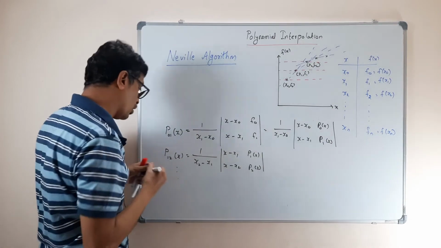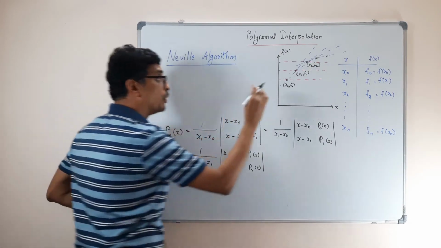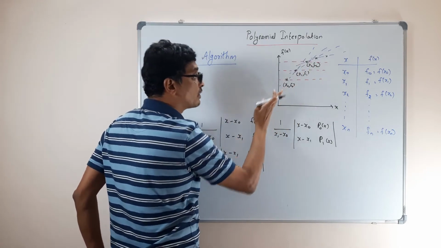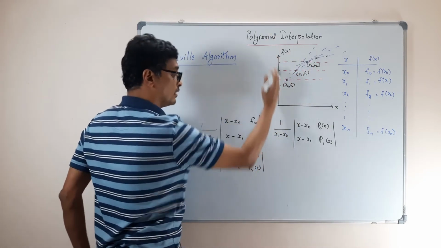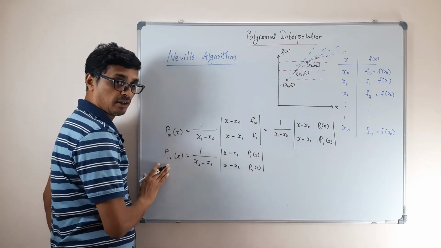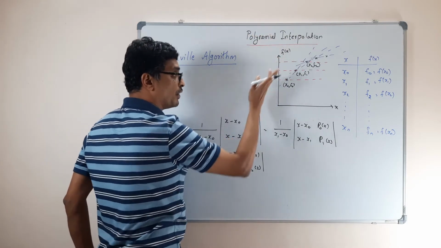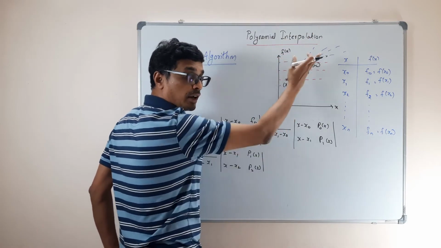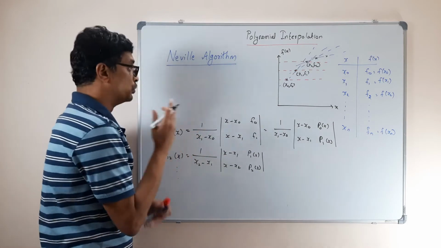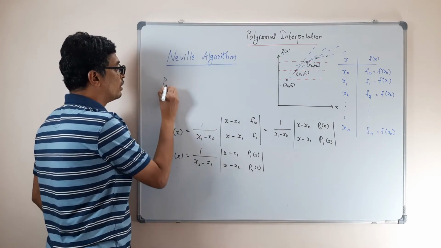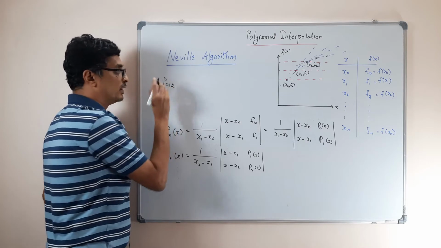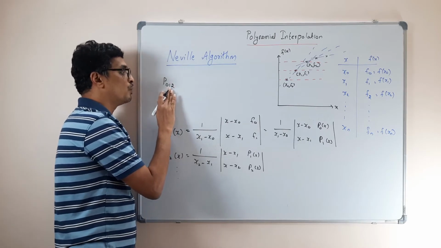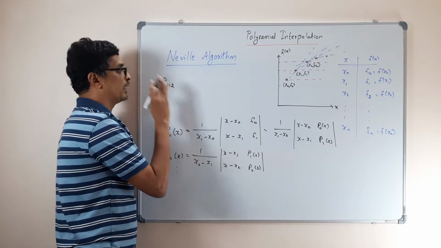Let me construct a polynomial of degree 2 passing through 3 points, by drawing a straight line when your axis is defined as a polynomial of degree 1. When the axis is defined as a polynomial of degree 1 and I draw a straight line through 2 points, what I get is a polynomial of degree 2. That is p of 0, 1, 2, the polynomial which is going to pass through the points x0, x1 and x2.